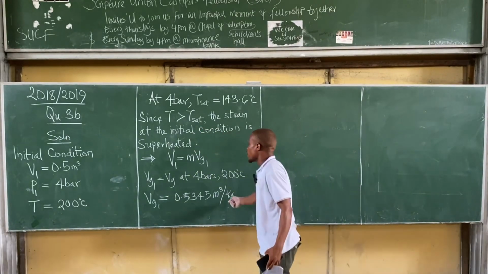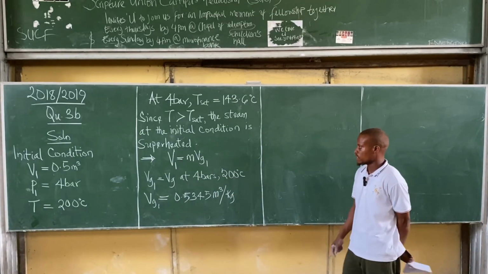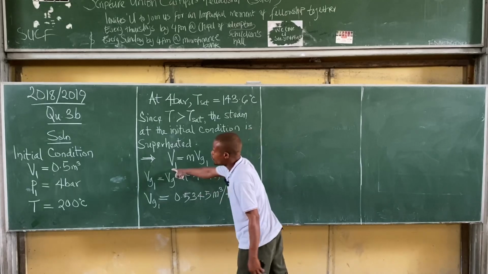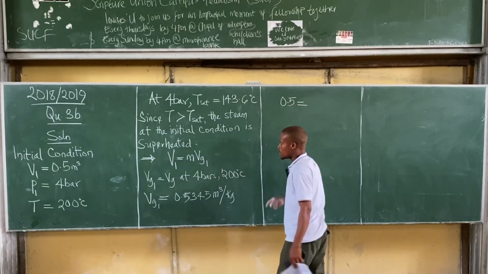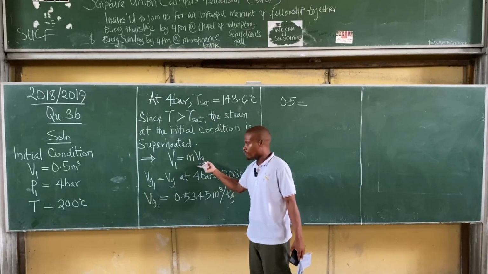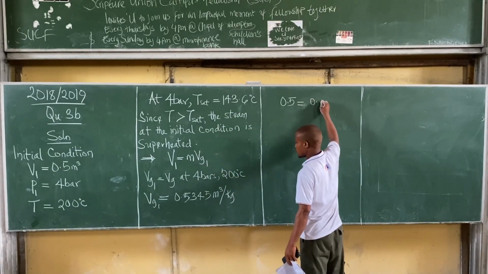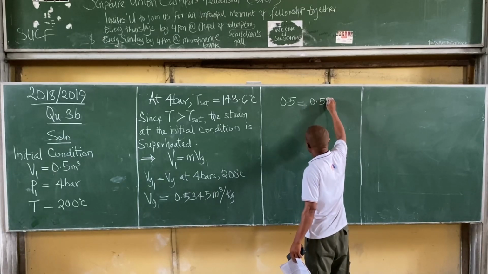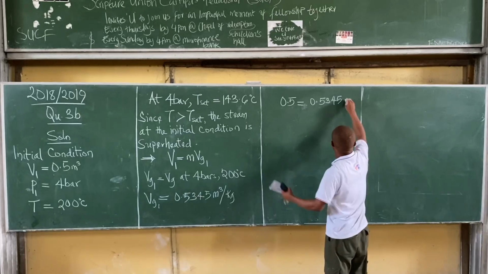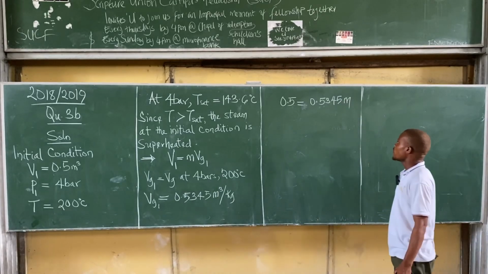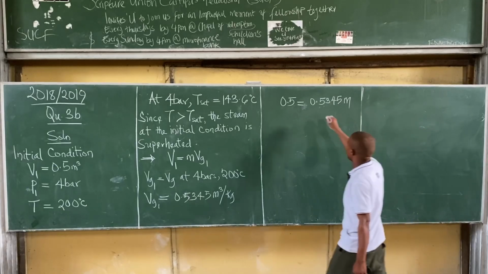From this we can get our mass. So let's get our mass. We know that V1 was given as 0.5, and we've gotten a value for Vg1, which is what? 0.5345 m. Now, dividing both sides by the coefficient of m, we get the value of m. So this is it.